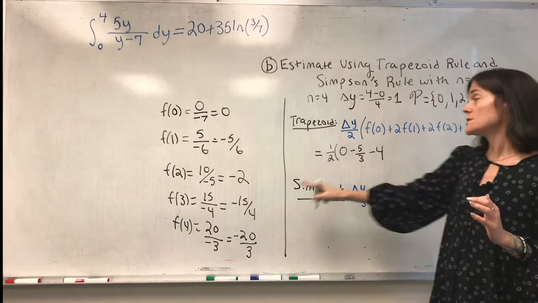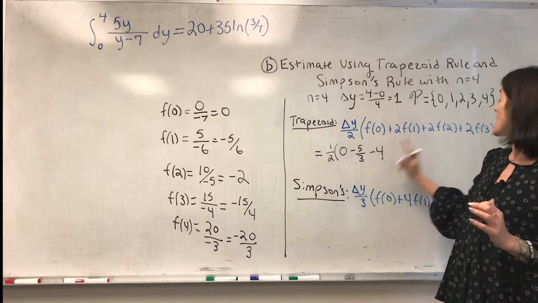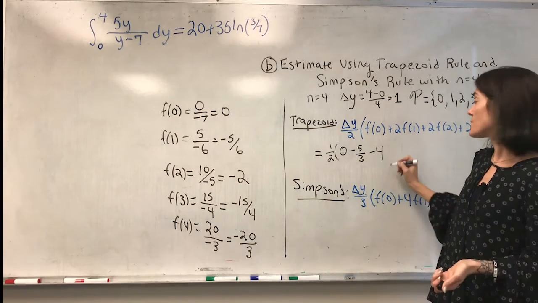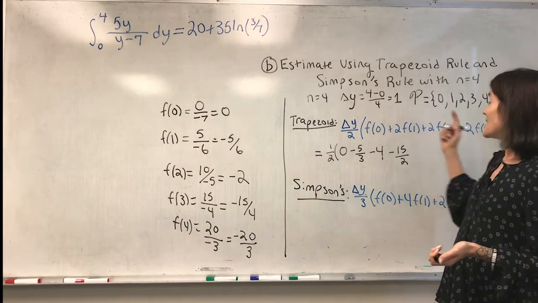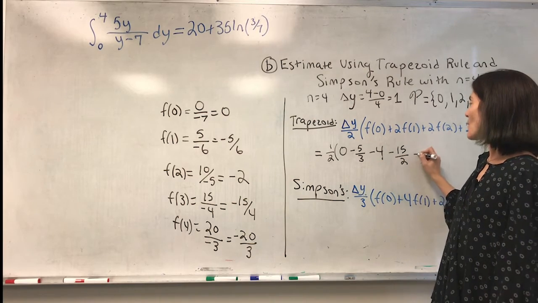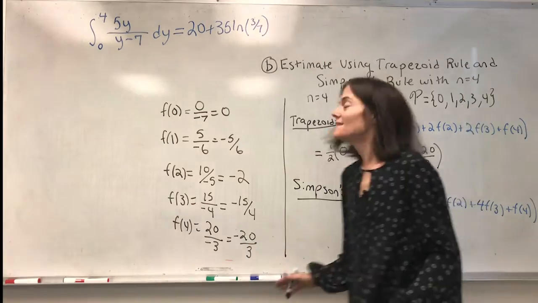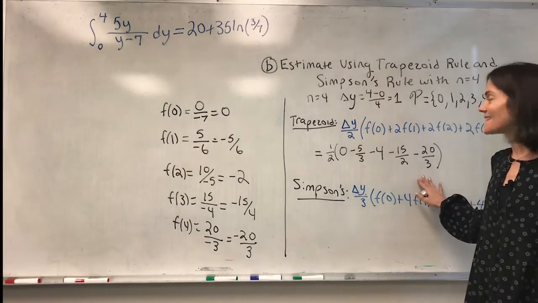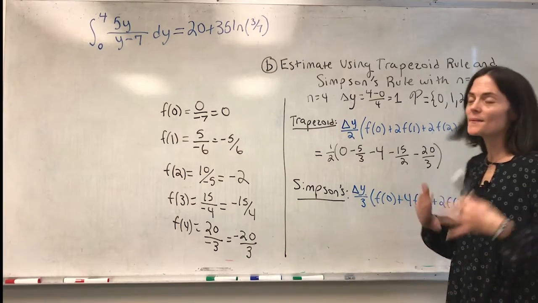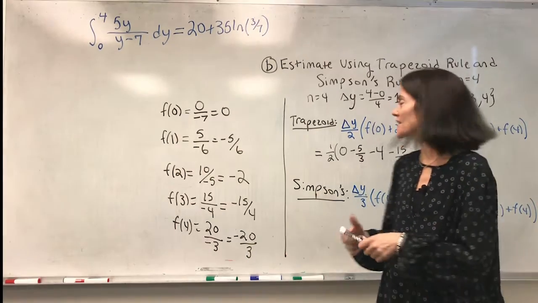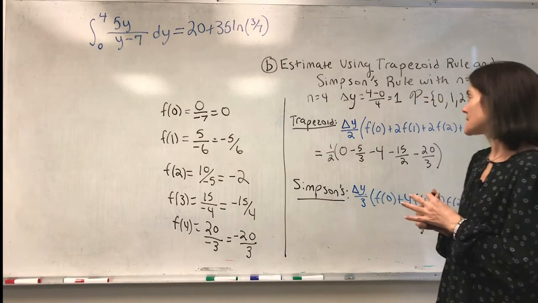Then we have 2 times f of 2, and 2 times f of 3 would be -15 over 2. We have 1 times f of 4. Okay? I'll leave it like this for the moment. You could get a common denominator, add. I'm going to be using a calculator anyways. Let's just leave it like this and move on to Simpson's rule.